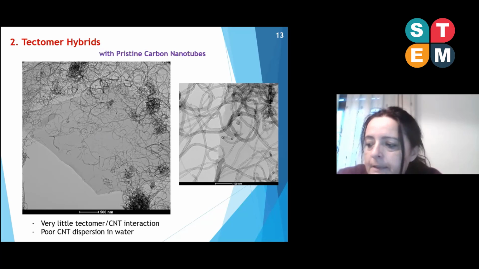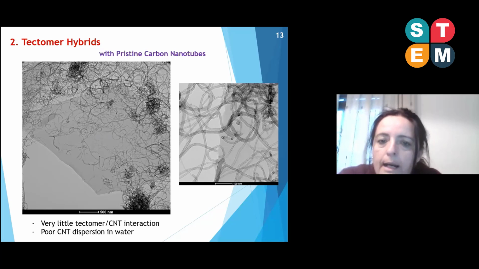However, these peptides were not successful at dispersing pristine carbon nanotubes. TEM characterization of these samples confirmed that there is very little interaction between tectomers and non-functionalized carbon nanotubes. Tectomers lay on top of the carbon nanotube bundles rather than coating the carbon nanotubes.